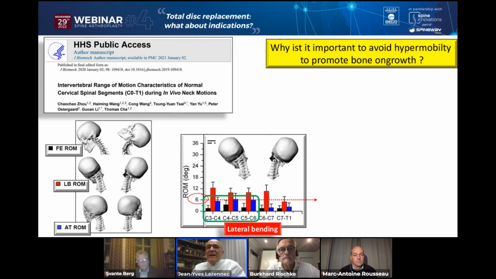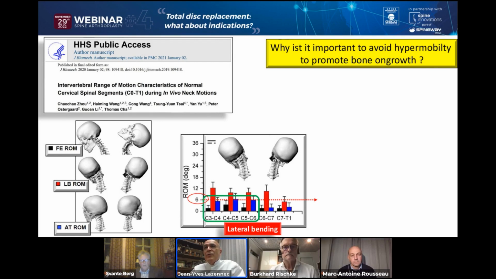Now we do lateral bending, and you see that 3 levels are more risky, about 6 degrees for rotation. So when I accept that the patient does a lot of lateral bending, I accept potential rotation at the level of the prosthesis.